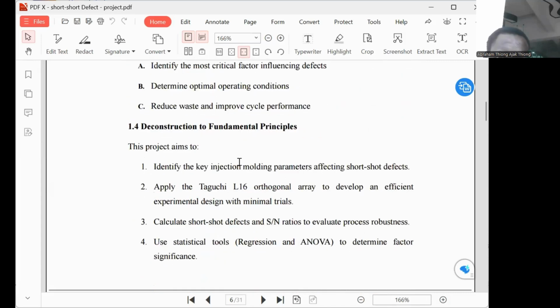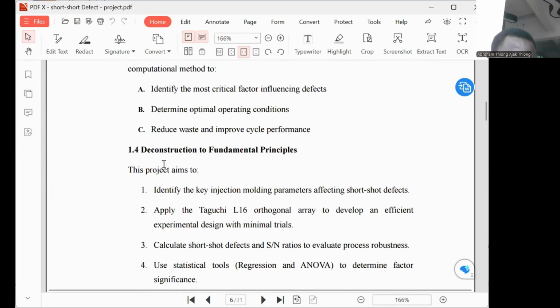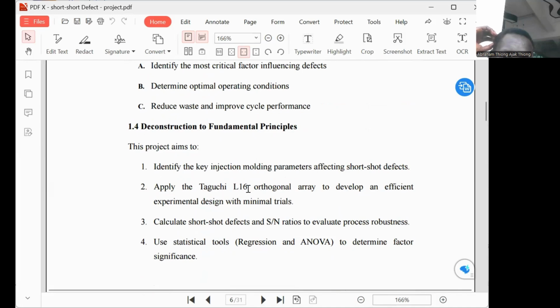After we decompose the problem, we need to see the construction of the parameter space. We have identified the key injection molding parameters affecting the short shot, and the L16 orthogonal array is applied. I've mentioned that we are going to use Taguchi.